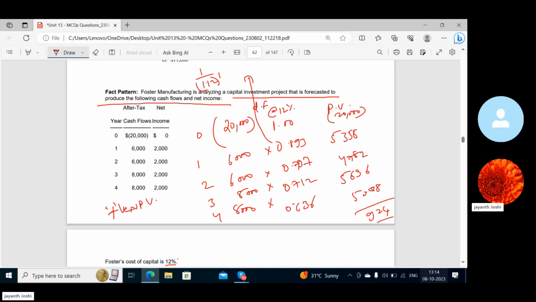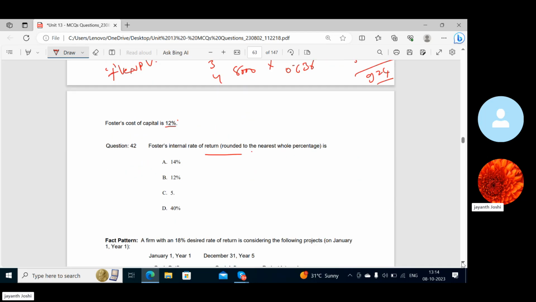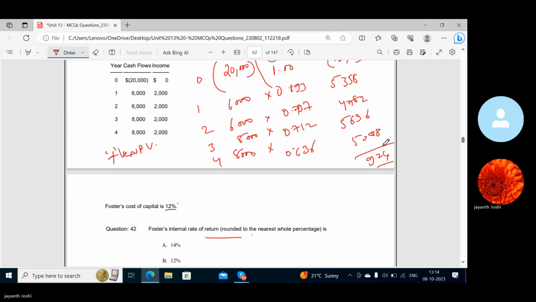For one rate you are getting a positive NPV; for another you should get a negative NPV. Between these two rates your IRR will exist. Trial and error method, right?